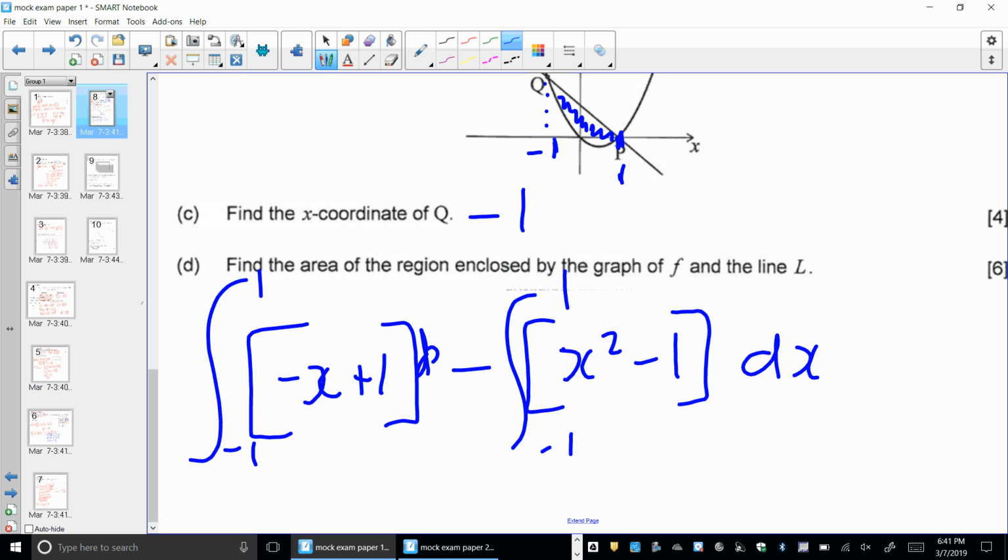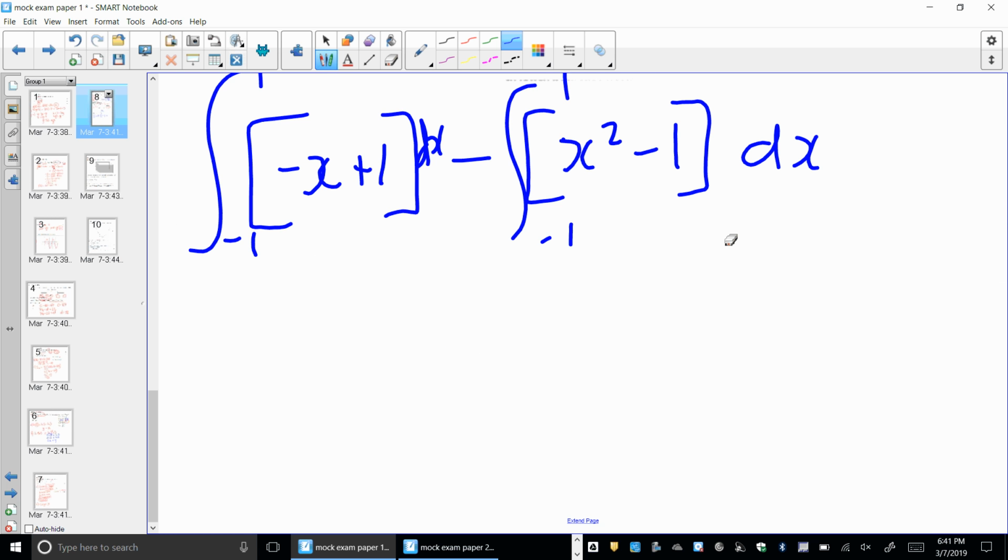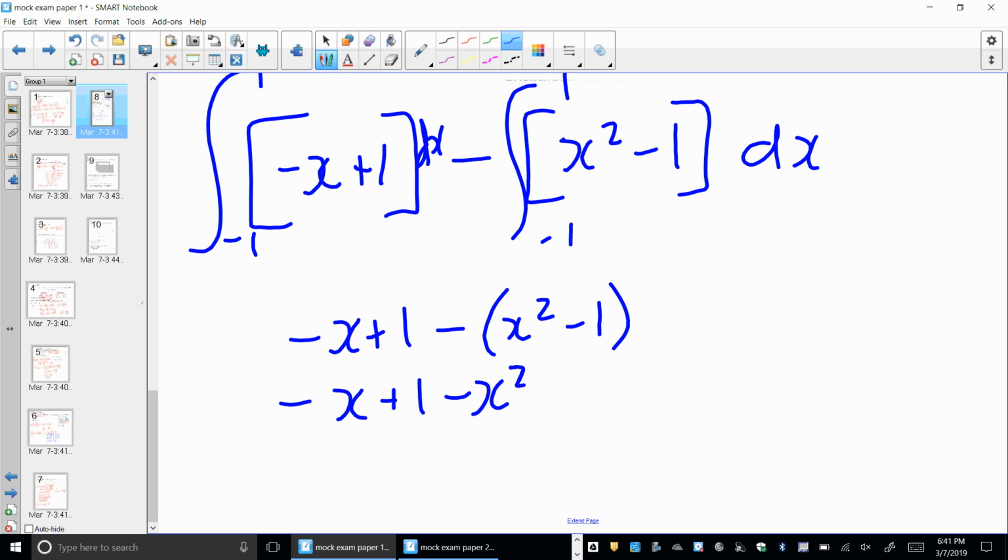That's really badly written. Remember, you can join these together first. So it's -x plus 1, subtract x squared minus x. Oh, I've done something wrong there.